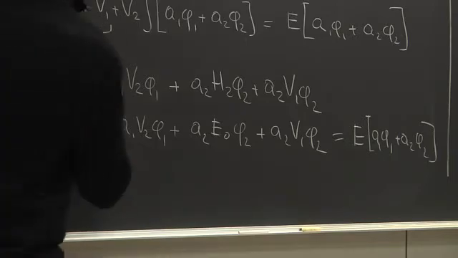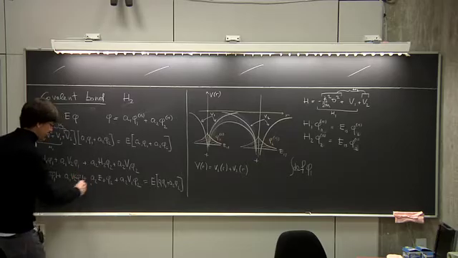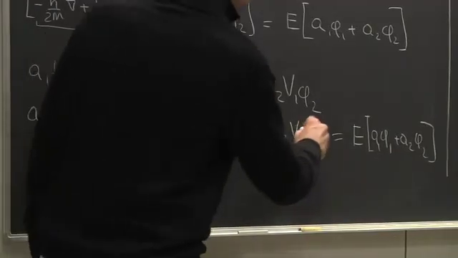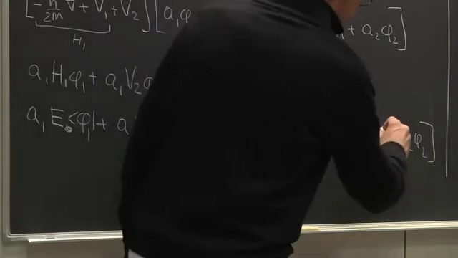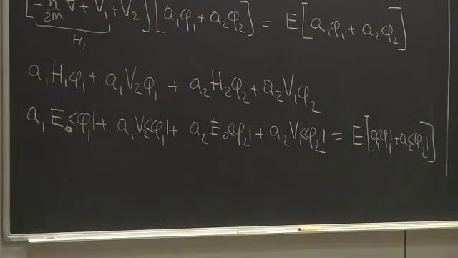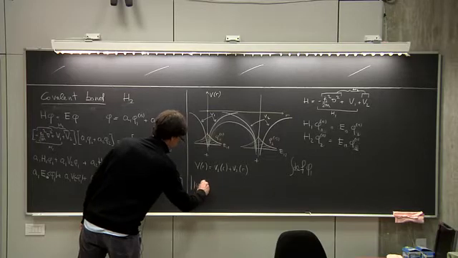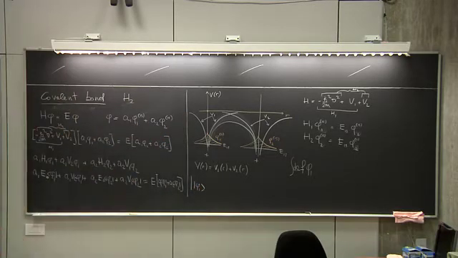Okay, great. So then let me use bracket notation, because otherwise I would have to write everything in terms of integrals, which is okay, but it's a bit complicated. So this is my bra part of the function, and what I'm going to do now is project it onto phi 1, both sides.